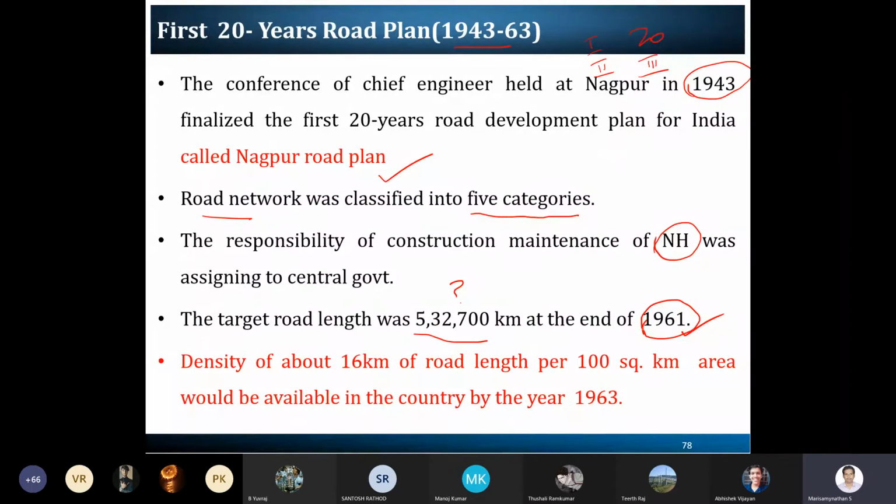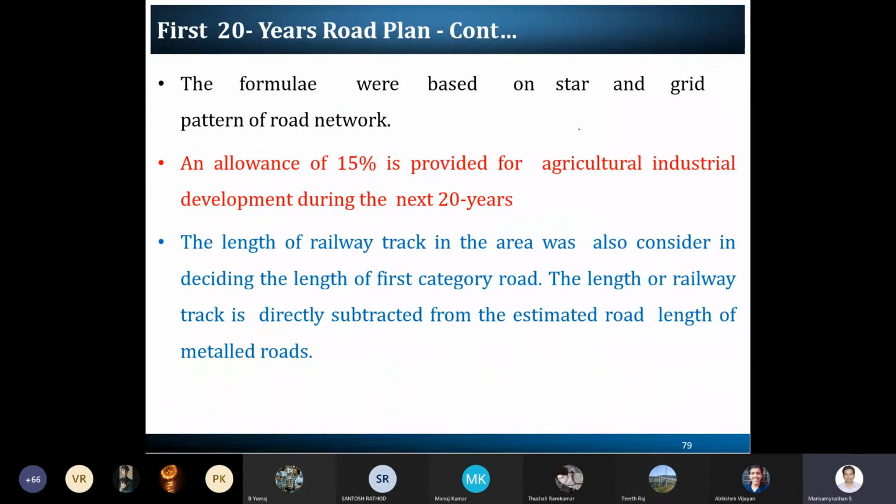Also, they defined the density as 16 kilometers of road length per 100 square kilometers of area. This is the target and the condition they fixed. Other than that, they had the criterion to form a star and grid pattern of road network.